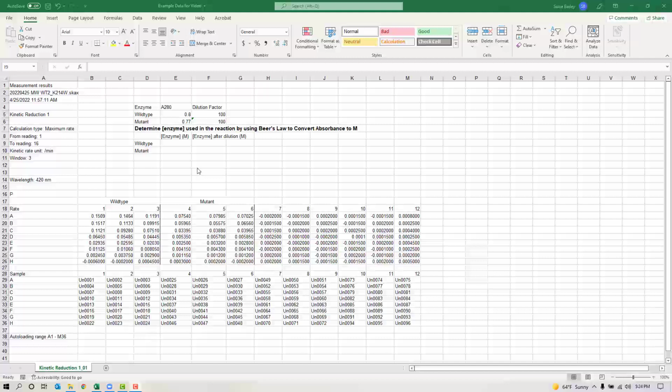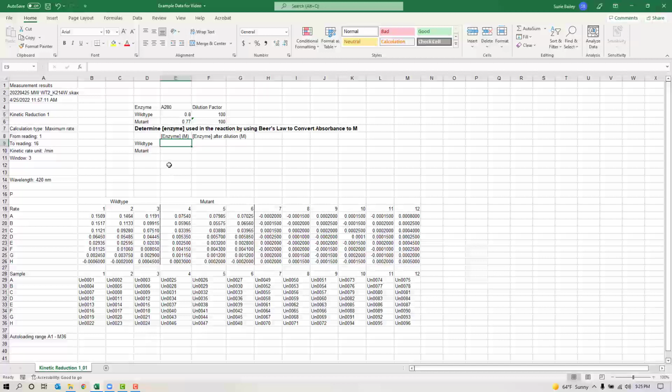So we're going to use Beer's law to convert our absorbance to protein concentration in units of molarity. So we're going to need to use the molar absorptivity of beta-glucosidase B, which you have in your lab handout in the instructions for the data analysis section.